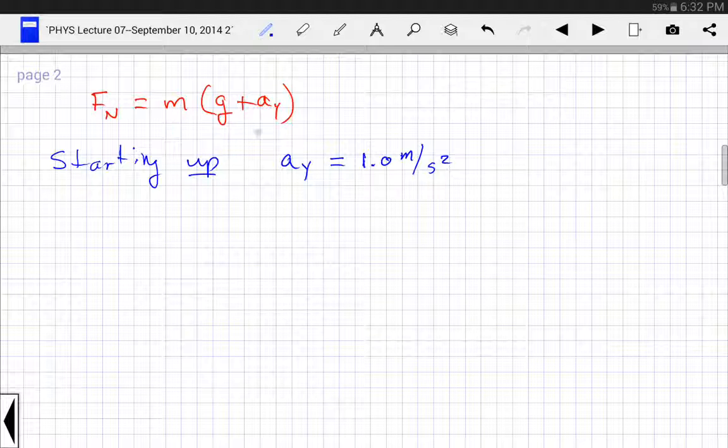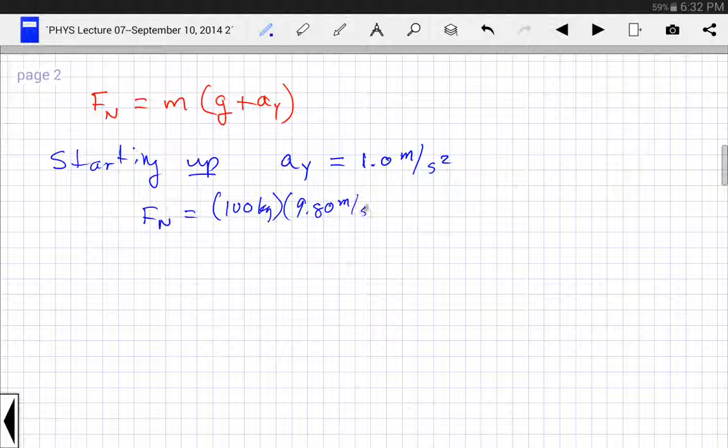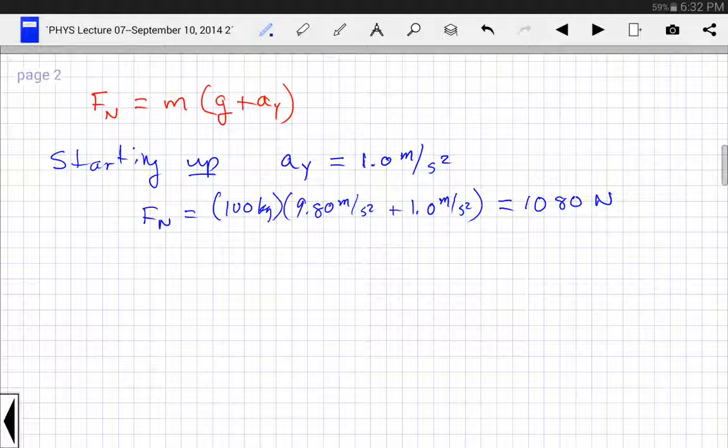So, using my equation, my force normal is equal to my mass, 100 kilograms, times g, 9.80 meters per second squared, plus 1.0 meters per second squared, the acceleration. And so that's going to be 100 times 10.8, or 1080 newtons.